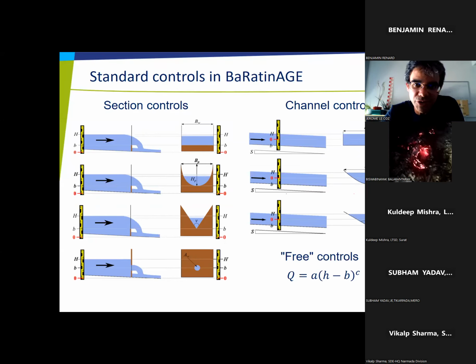Triangular channel, I'm not sure it actually exists if it's not made of concrete. But you could also define any values for A, B, C if you wish to use what we call a free control, or something you want to design by yourself. All the others are just convenient tools to help design the rating curve.